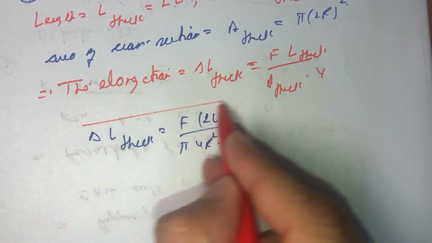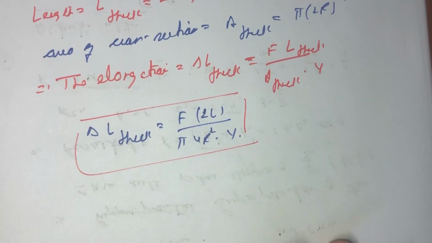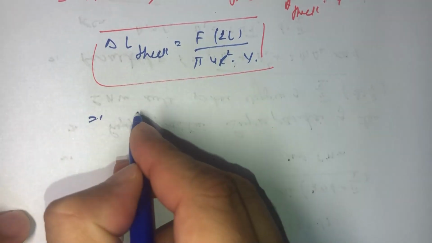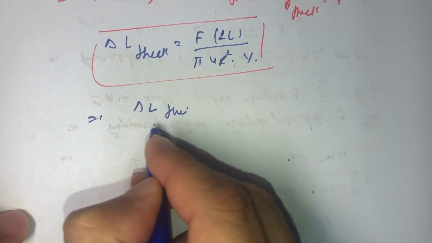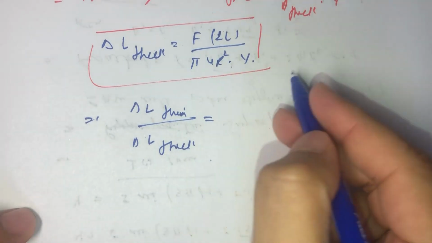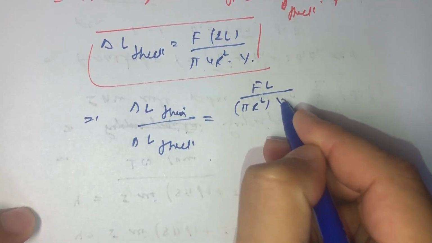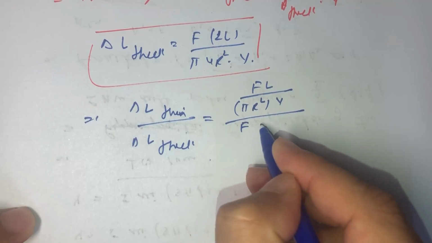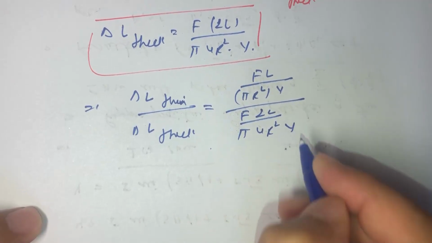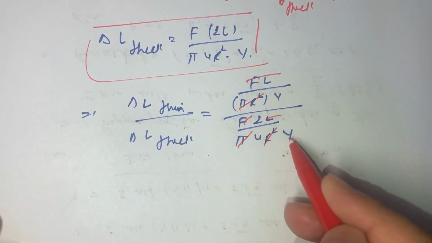So this we got as delta L thick, and we have to find out the ratio of thin wire to thick wire. So we can divide these two equations. So we get delta L thin divided by delta L thick will be equal to FL upon pi r square multiplied by Y divided by F 2L divided by pi 4R square multiplied by Y. FL and FL goes away, pi, r square, and Y goes away.